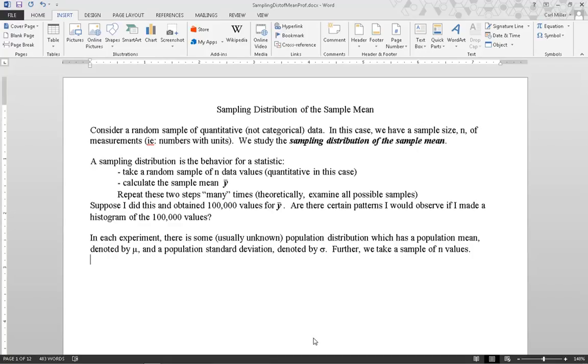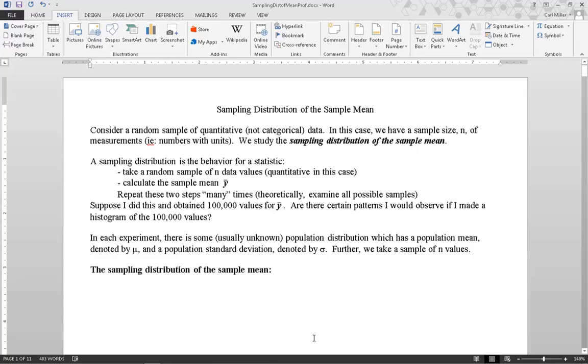Now, in each experiment, there's some, usually unknown, population distribution, which we have a population mean denoted by mu and a population standard deviation denoted by sigma. Further, we take a sample of some number n values.